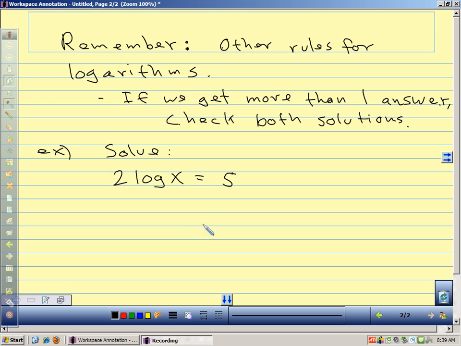Because we just have the one logarithm, we want to get the logarithm by itself on one side of the equal sign. So I'm going to divide both sides by 2. I get log x equals 5/2. And now we're going to rewrite in exponential form.